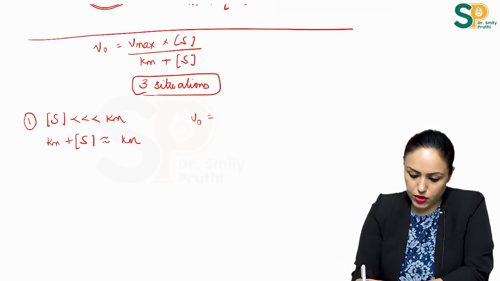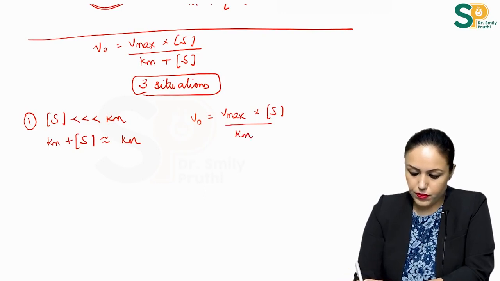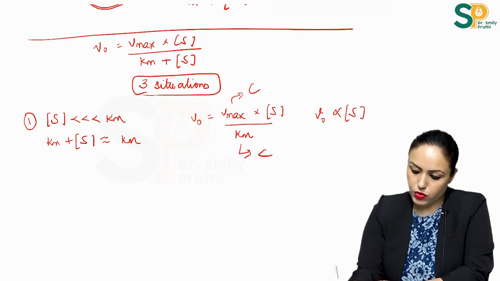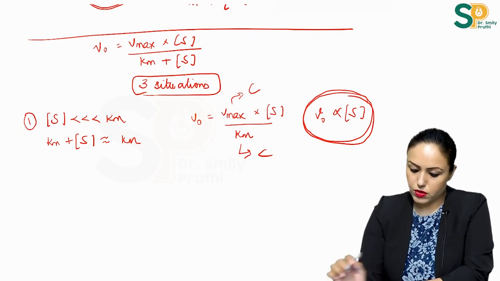So V naught is equal to Vmax into substrate concentration divided by Km, right? Now Vmax is constant, Km is a constant value. So we can say that velocity is directly proportional to substrate concentration.